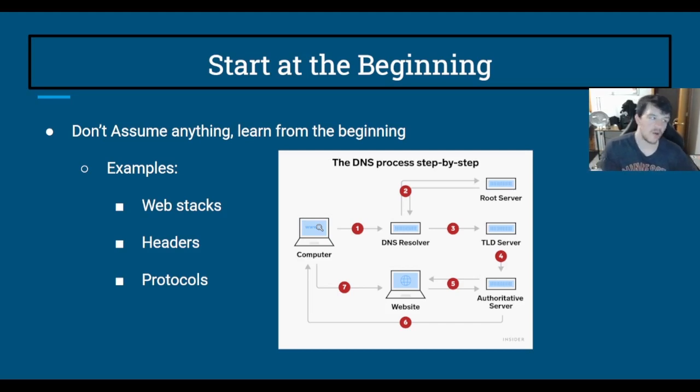You see all these different headers in Burp Suite. Do you actually know what they're all doing? CSP headers, CORS headers? Do you know what they mean for you, and for certain attacks you might be trying to carry out? Certain web stacks, do you know how they could help you or deter you, all the way down to a protocol level?